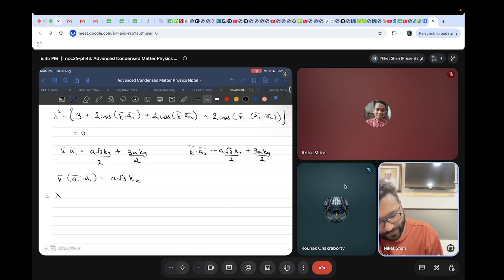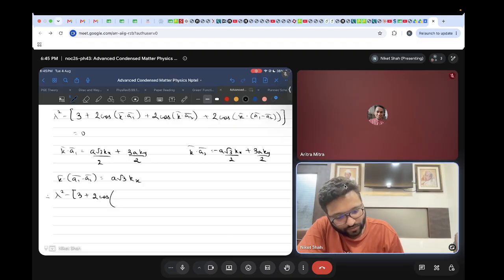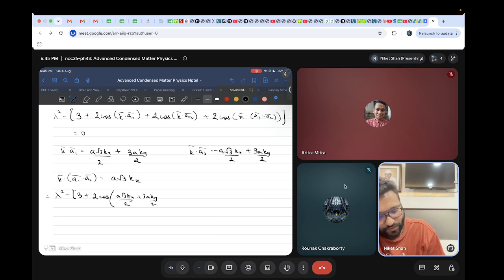Therefore, lambda square minus 3 plus 2 cos a root 3 kx by 2 plus 3a ky by 2 plus 2 cos, sorry, minus a root 3 kx by 2 plus 3a ky by 2 plus 2 cos a root 3 kx equals 0.